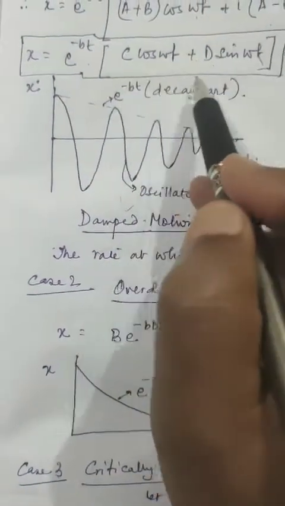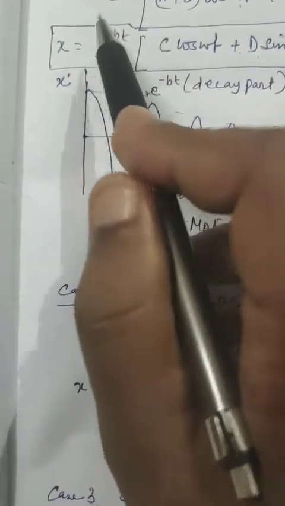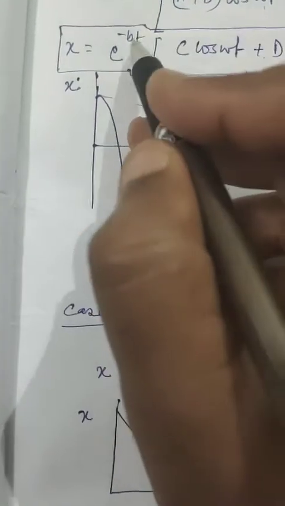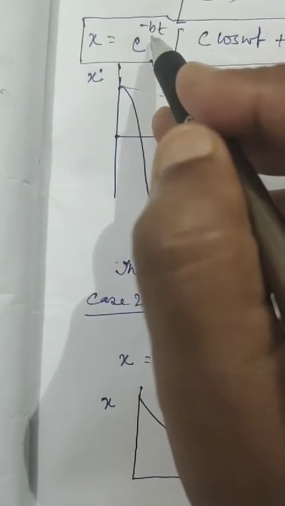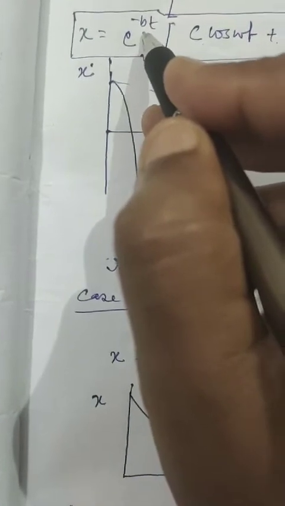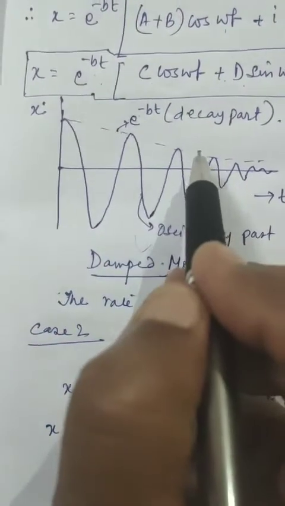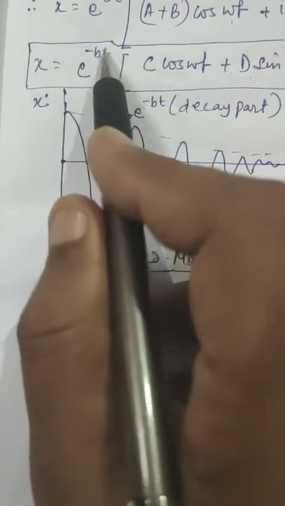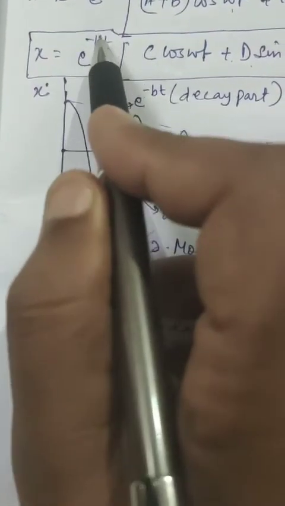This represents oscillation, and this represents decay of amplitude. And please check, the decay will depend upon b, the damping constant. If the damping is large, then it will reduce quickly.